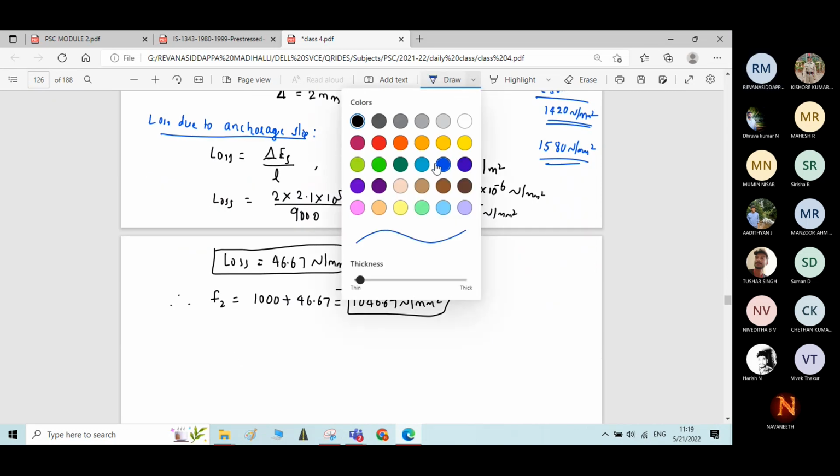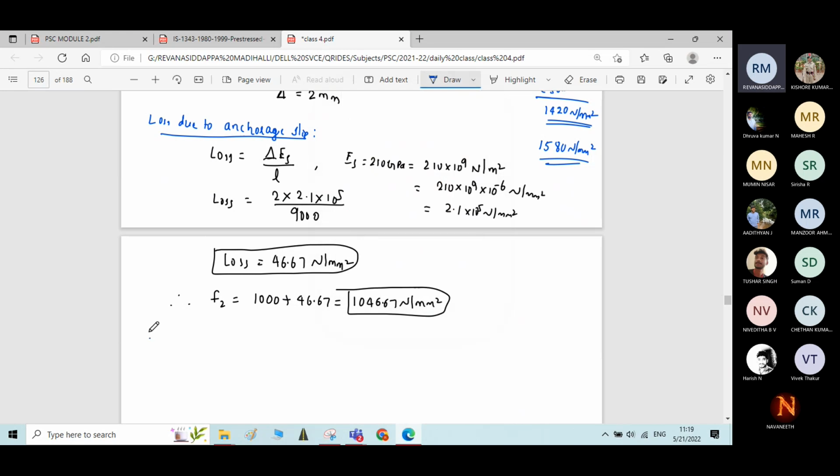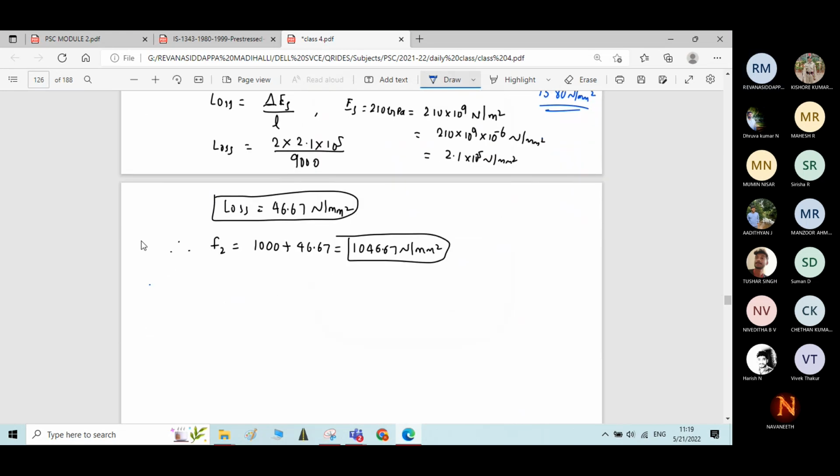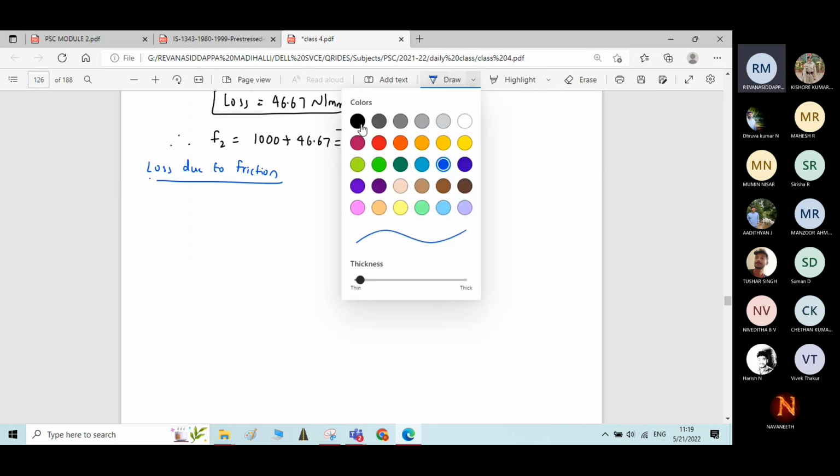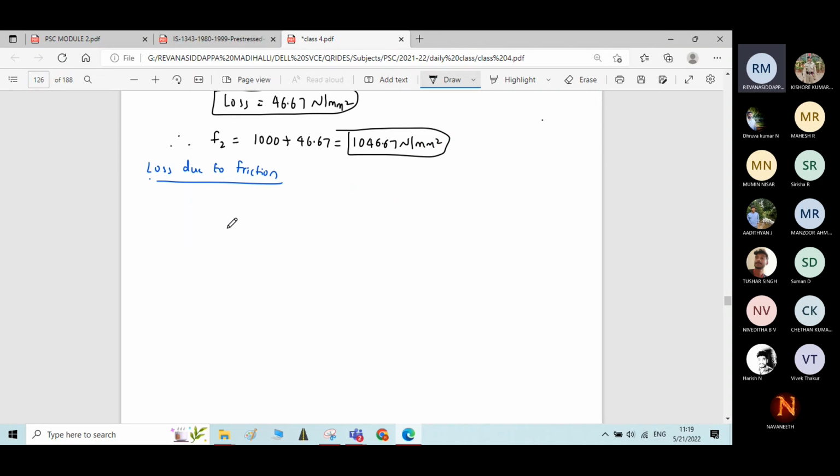Similarly, now you calculate loss due to friction. So we know the formula. First you write the formula for loss due to friction.